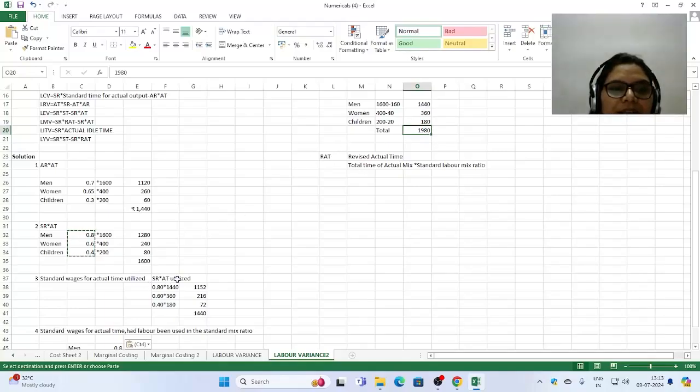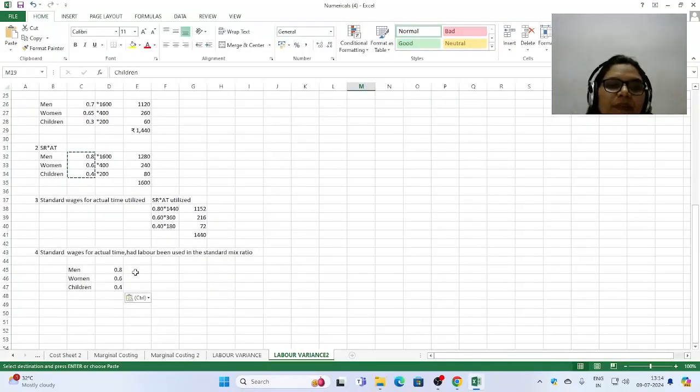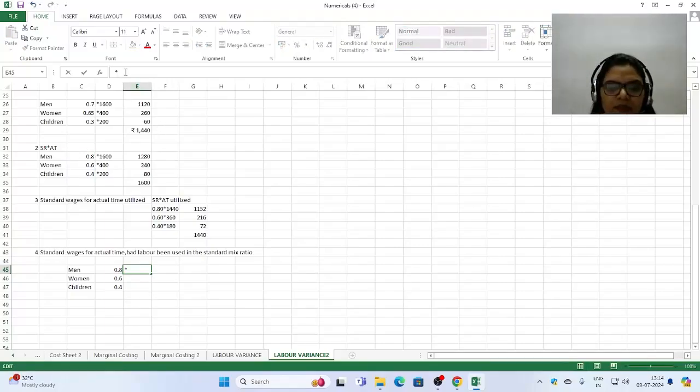Actual time utilized is actually the actual time you have used, and by mix we mean we need to add the time of men, women, and children. So actual mix will be 1980. Again, it will be same for all three.